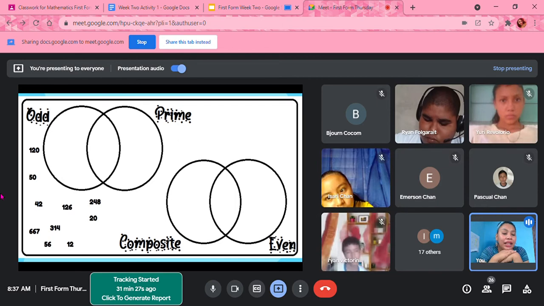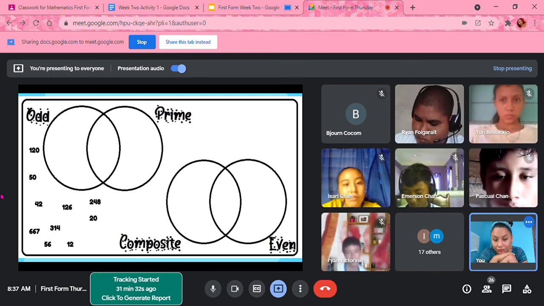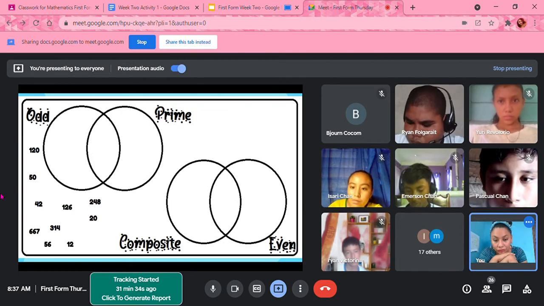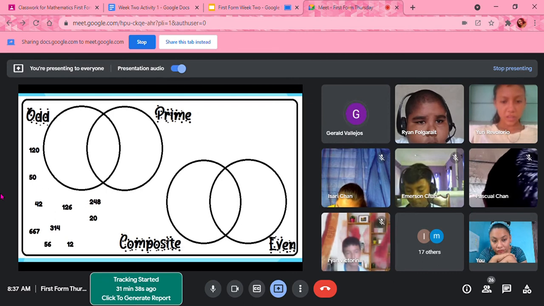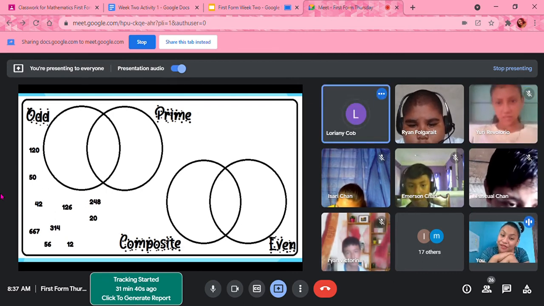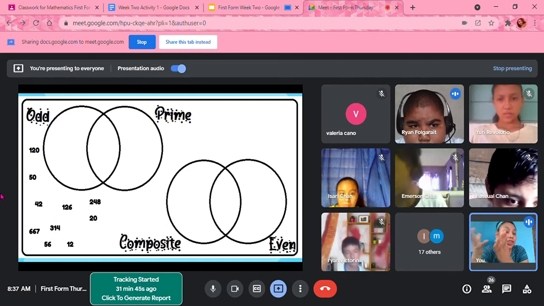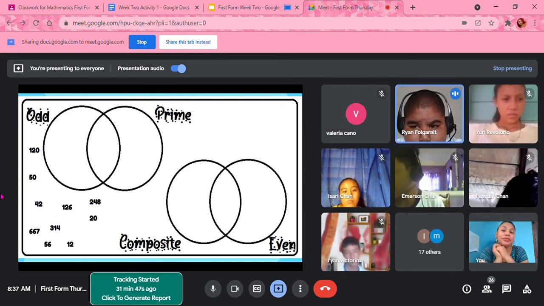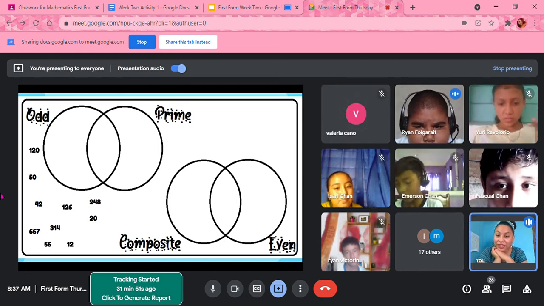All right? We're going to look at the number 120 first. Who can tell me what kind of number is 120? Even. Very good. Is 120 another kind of number as well? Composite. Very good.